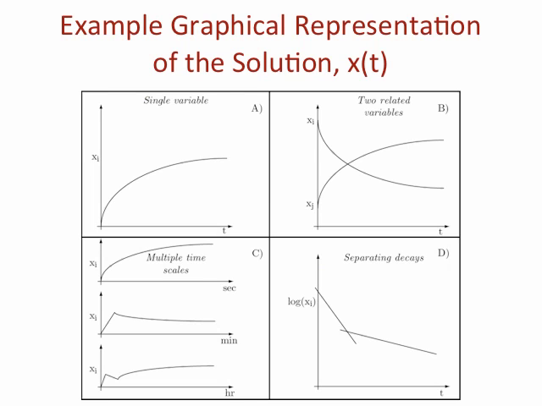Panel C shows a multi-timescale response. Here we have a variable that will move upward on a timescale of seconds, then downward on the timescale of minutes, and then upward again on the timescale of hours. So this is a timescale response that might be plotted in 3 different graphs on 3 different governing timescales.